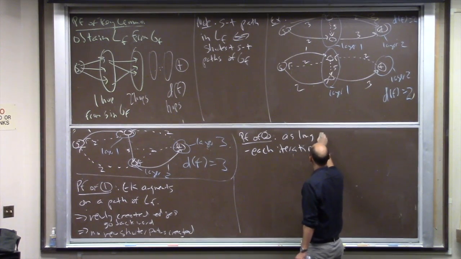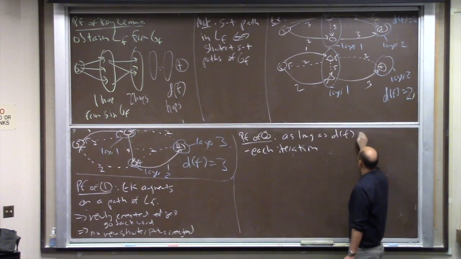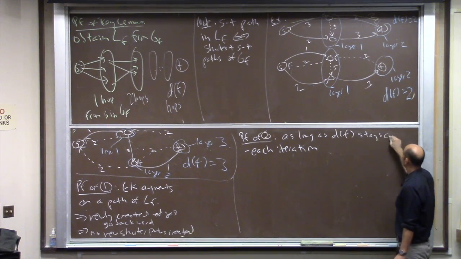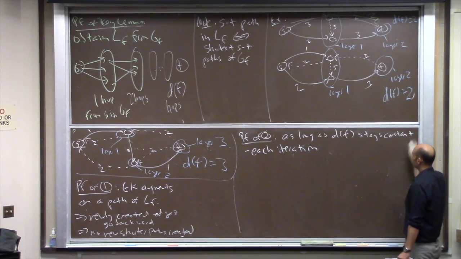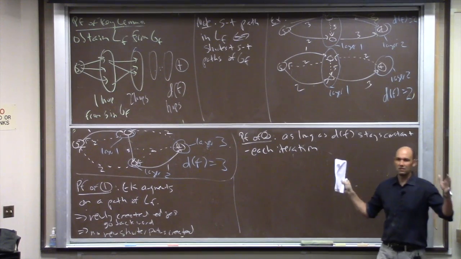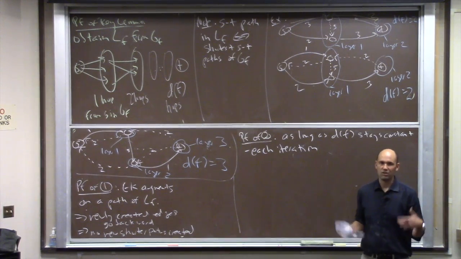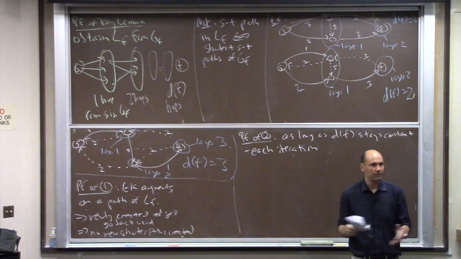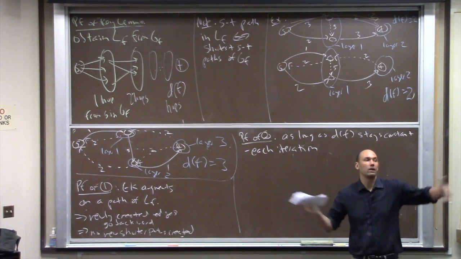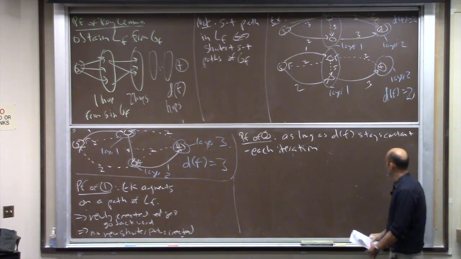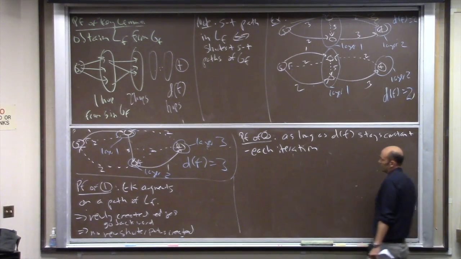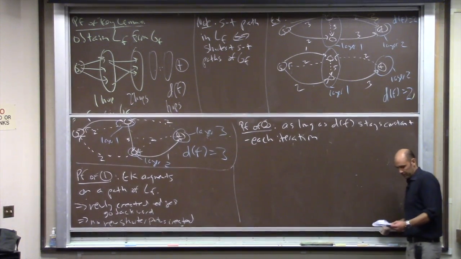So as long as d of f stays constant, maybe the distance between s and t is like 5. We do an iteration, it's still 5. We do an iteration, it's still 5. And we just watch what happens. We say, how long can this go on? As long as the s-t distance stays constant, say it's always equal to 5.